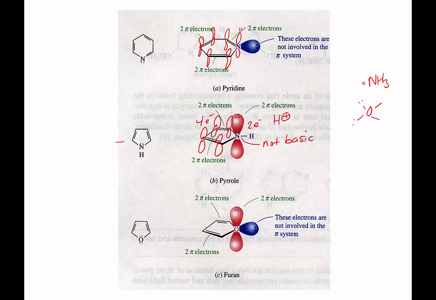So the pair of electrons that is in the pi system is not available to bond the H+. But the nitrogen isn't bound to a hydrogen. Instead, it's got a lone pair. And that lone pair is outside the system, and it can pick up an H+ with ease. So that nitrogen, because it has a lone pair that's not part of the pi system, is basic.